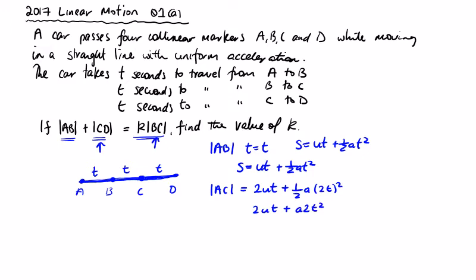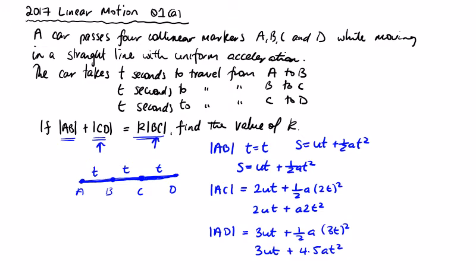So 2at squared. And AD, we have 3t. So it's going to be u by 3t, 3ut plus a half a by 3t all squared, which is a half of 9t squared. So 3ut plus 4.5 at squared.